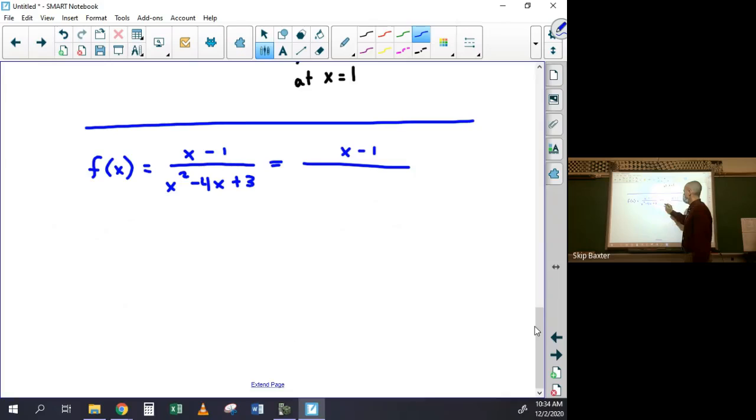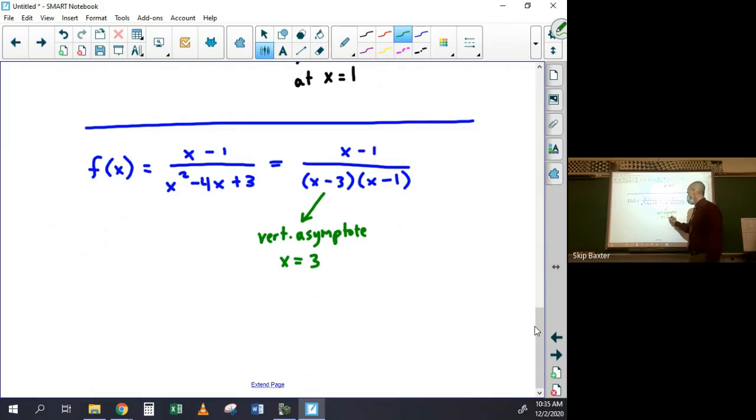The top is x minus 1, and the bottom factors as (x minus 3)(x minus 1). So the shortcut is, if there's a matching factor, then there's a hole where that factor is 0. If there's not a matching factor, like this one that's only on the bottom, that's going to be a vertical asymptote. Okay? So there's a vertical asymptote in this function at x equals 3. That's the vertical asymptote part of this.